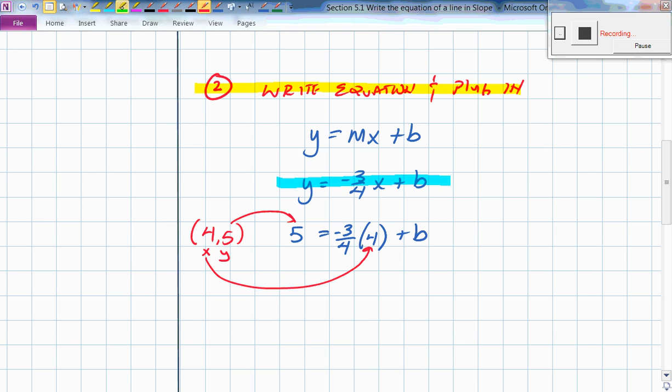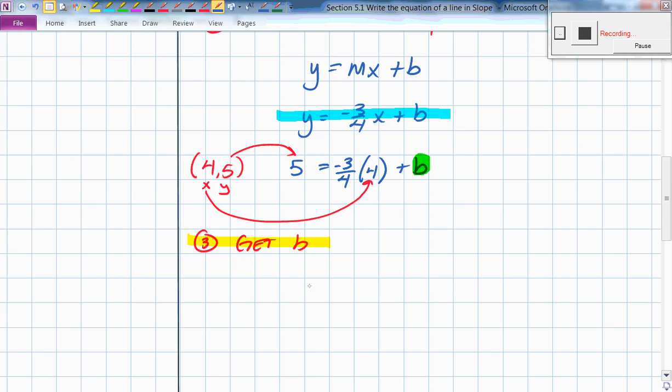Notice that that leaves you with exactly only one variable left to solve for. What is that variable? B. Good. So step 3 is going to be get B. So here's what we have. We have 5 is equal to negative 3/4 times 4 over 1.